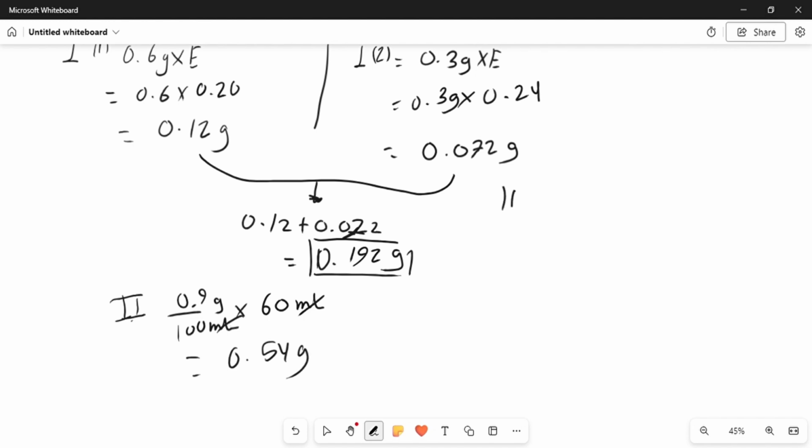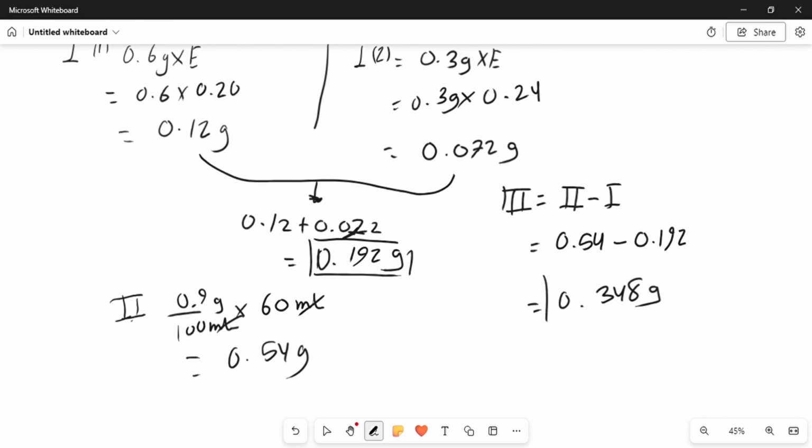So moving to step 3, we'll take step 2 minus step 1. So we will have 0.54 minus 0.192, and that will be equal to 0.348 grams. And here's our answer for number 3.